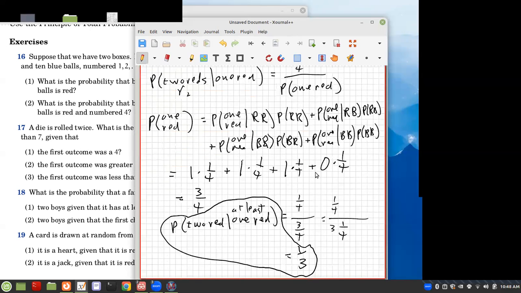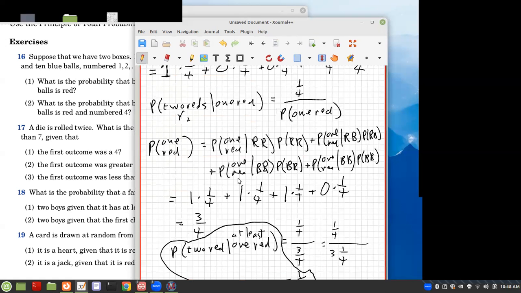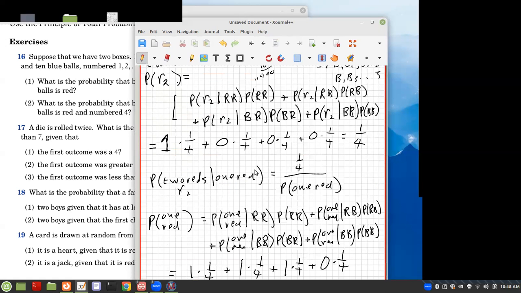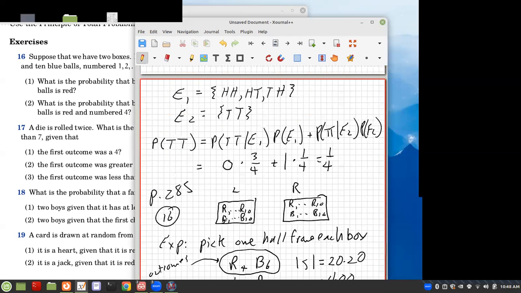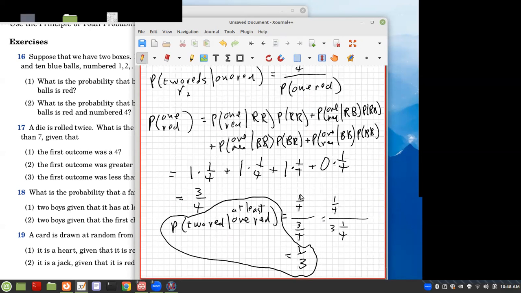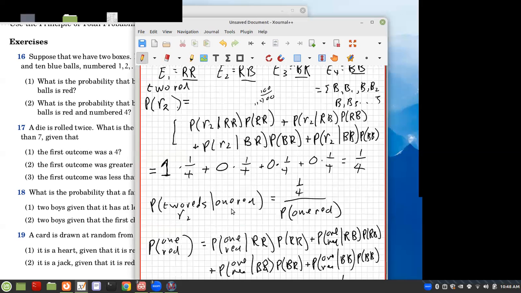So again, it's like a more complicated form of a conditional probability, but it's harder to see that because we've got this extra information about all these marbles in the left and the right. So this illustrates how to use the law of total probability if you're given a conditional probability: you use the definition of conditional probability, then use the law of total probability for the numerator and denominator.